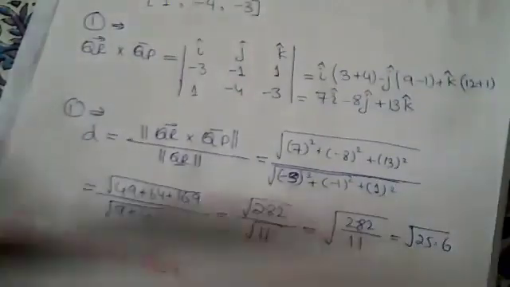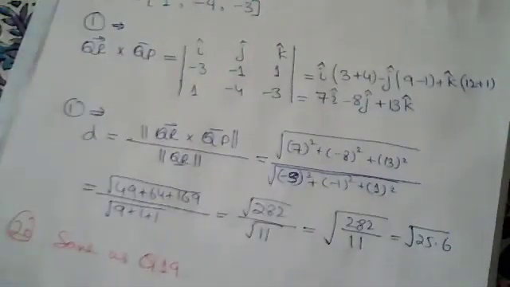We substitute the values in the formula, and that is the distance of the point P from the line QR. The same is question number 19. Okay, 19 and 20 are the same. Question number 21. If you see question number 21, this is the question.